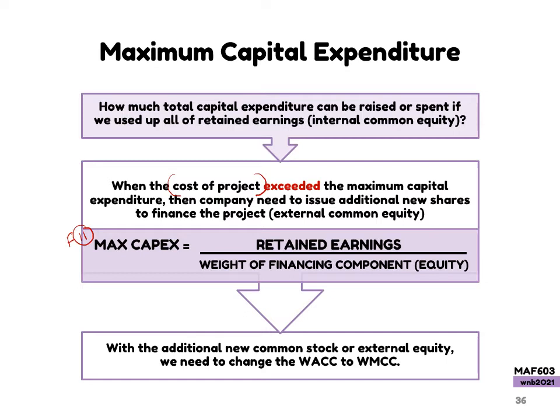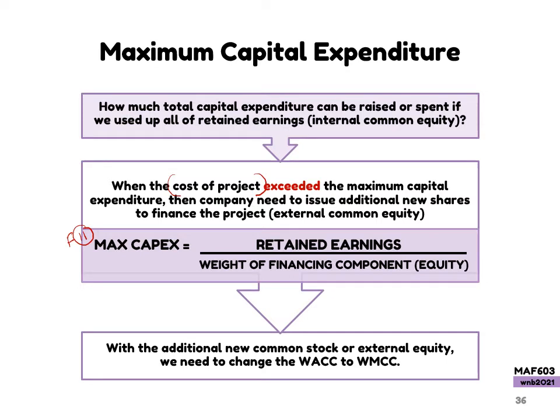Okay, mula-mula tentukan dulu berapa maximum capital expenditure based on firm's retained earnings divided by weight of financing that belong to equity component. Lepas tu, you kena compare dengan the cost of project. Kalau cost of project lagi besar berbanding maximum capex, maksudnya company kena issue new external common equity.